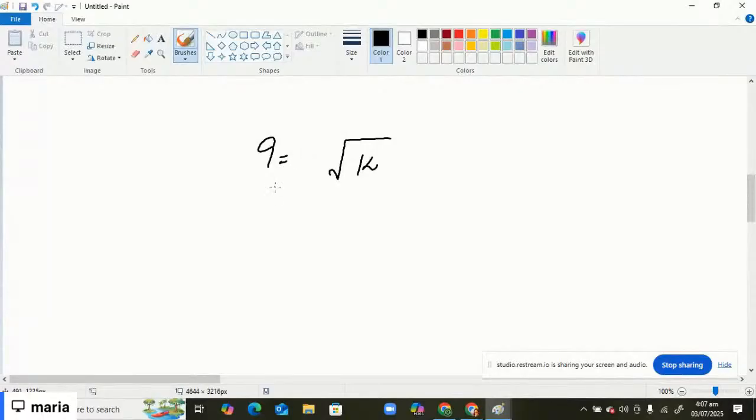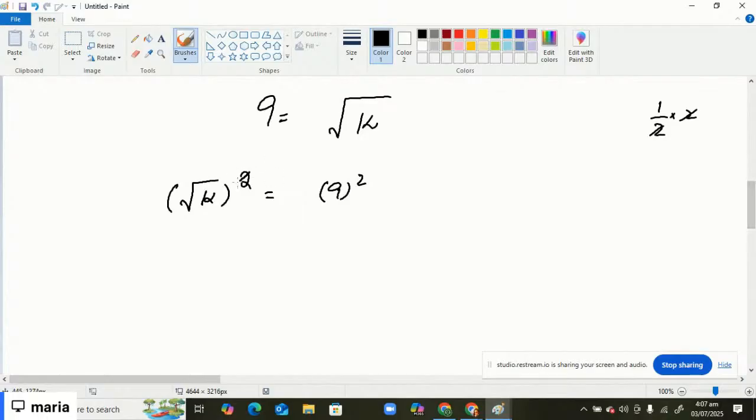We take the square on both sides. Why? Because the square root is the power 1/2, so when you take the square, the 2 and 2 cancel out. Just shifting the position and then squaring both sides, the square cancels the square root, so it is only k.